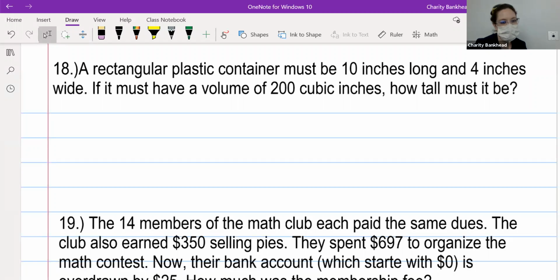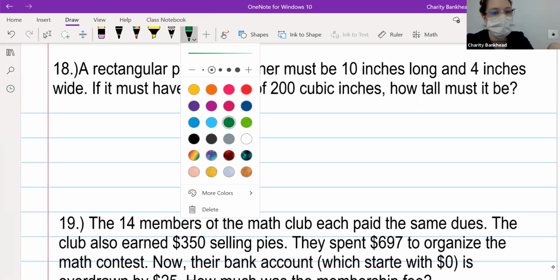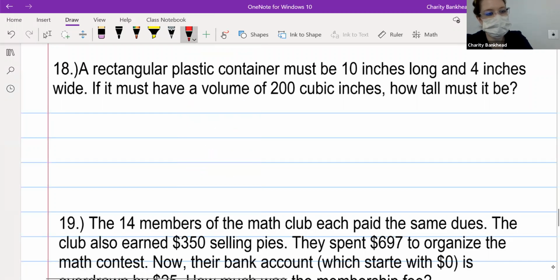Okay, number 18 says a rectangular plastic container must be 10 inches long and 4 inches wide. If it must have a volume of 200 cubic inches, how tall must it be? Okay, so the volume of a box or a rectangular solid is equal to length times width times height.